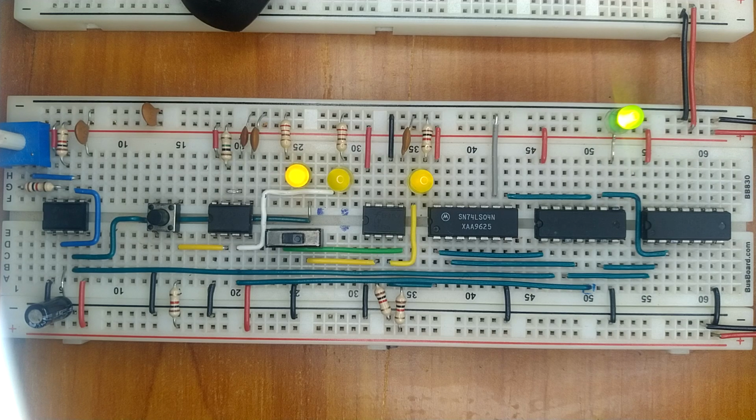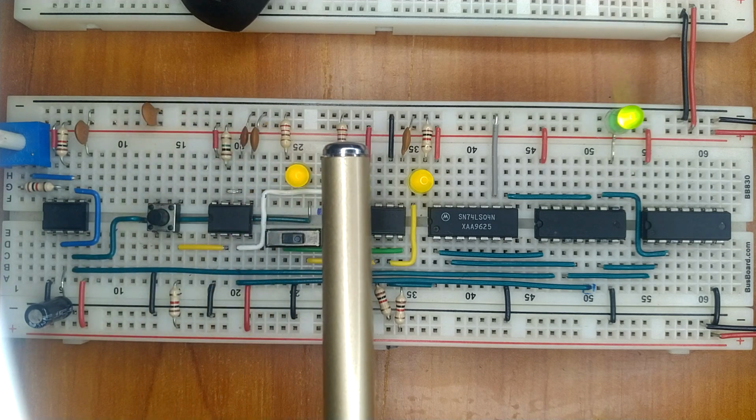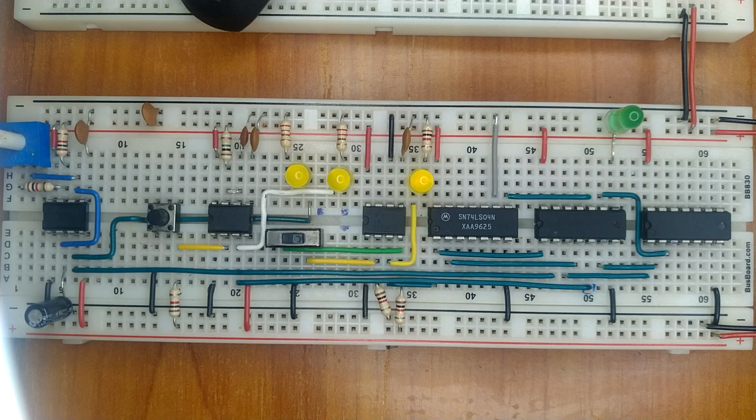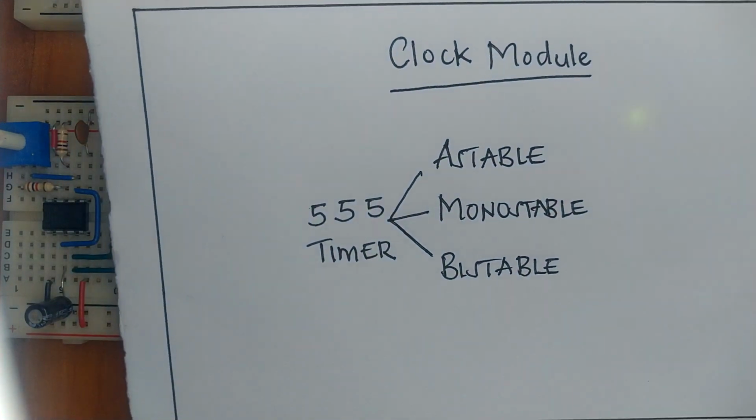The clock module of a computer, for this project, can be divided into 3 main parts. This part, and this part. What I mean is the clock module has a very core component that is called the 555 timer, which can be held in 3 states: astable, monostable, and bistable.